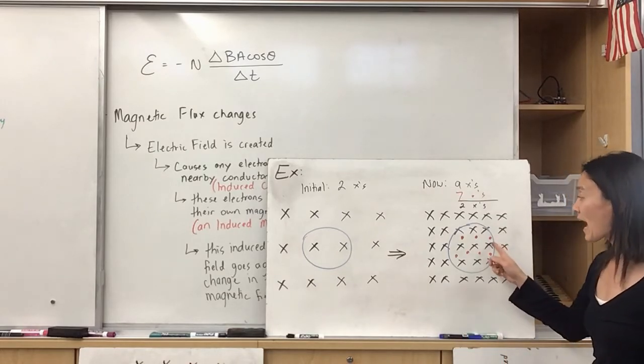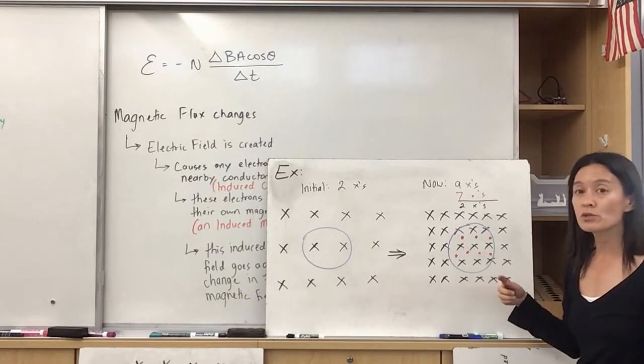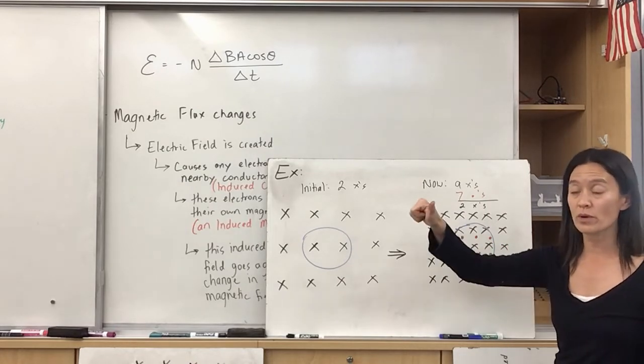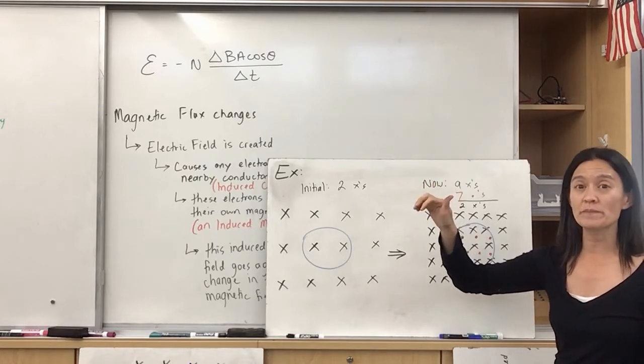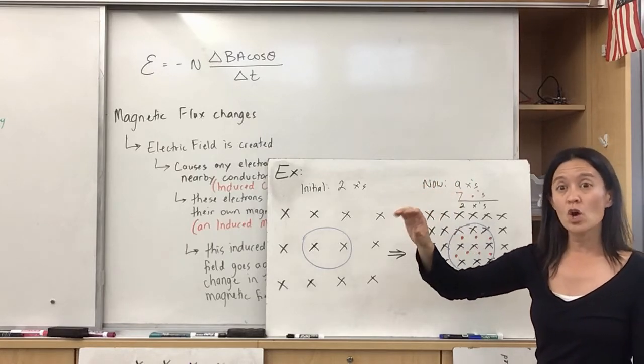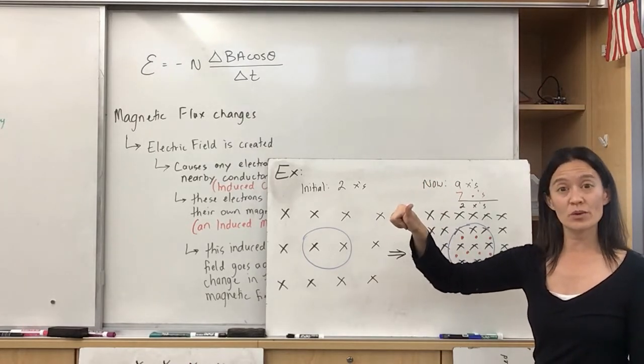So if I have this new magnetic field that's coming out, I'm going to use right hand rule number 1, where your thumb is going in the direction of your current, your fingers curl around in the direction of your magnetic field. You can actually do the opposite, where your fingers curl around in the direction of current, and your thumb is going to go in the direction of magnetic field.